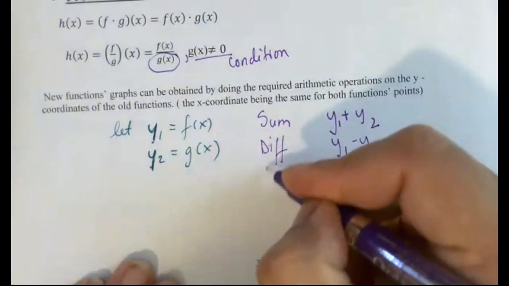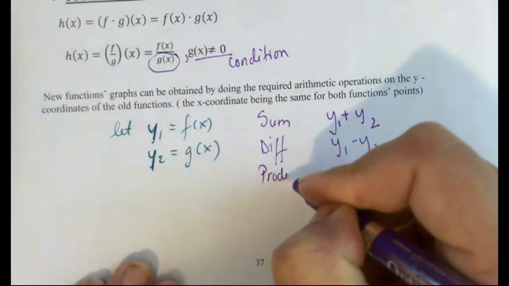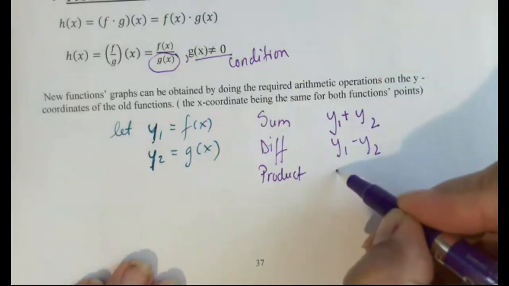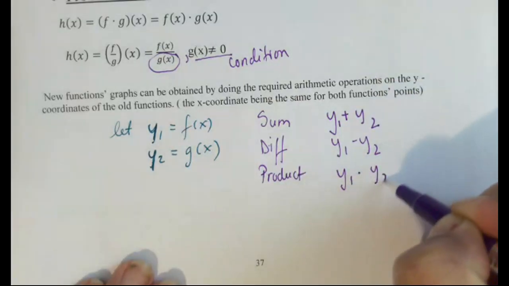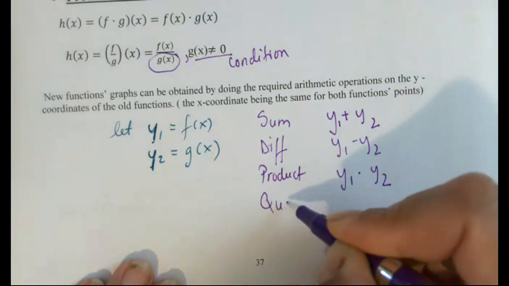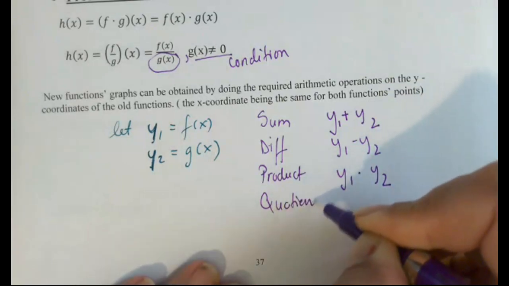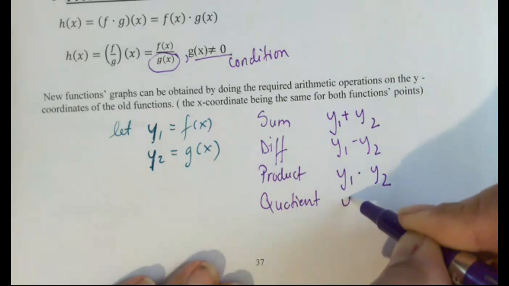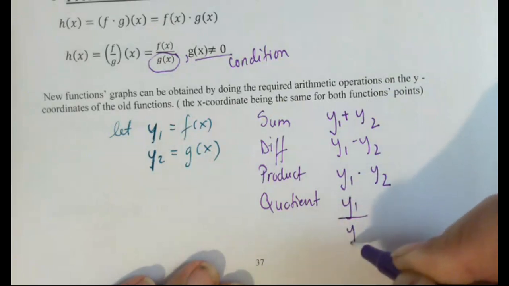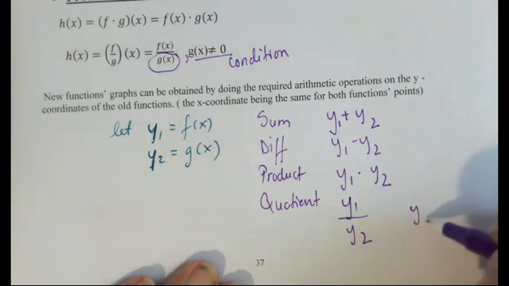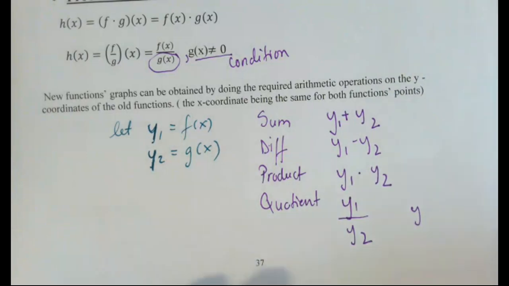If I do product, you do y1 times y2. If you do quotient, for the allowed values, of course, you would do y1 divided by y2. Okay, y2 cannot be 0.